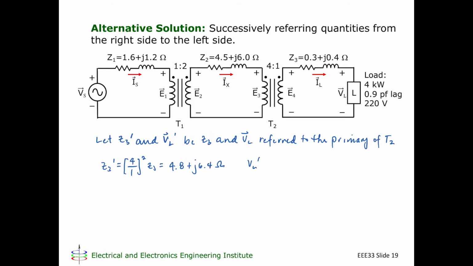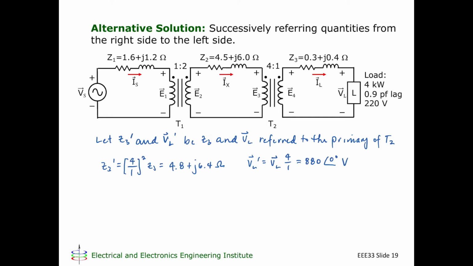VL prime is equal to the turns ratio multiplied by V sub L. So this is V sub L multiplied by 4/1. And I'm going to get 880 at an angle 0 degrees volts.